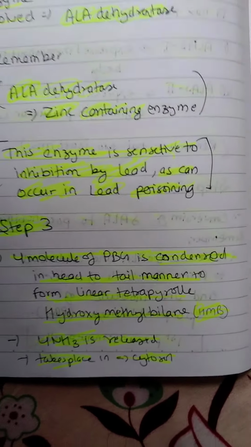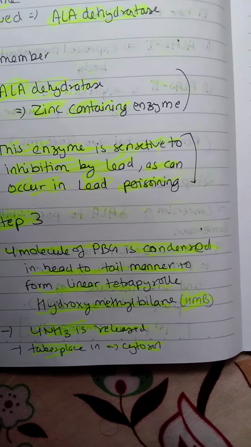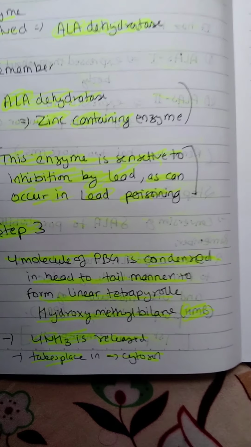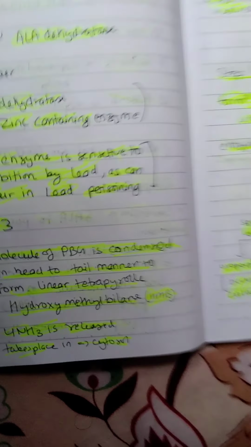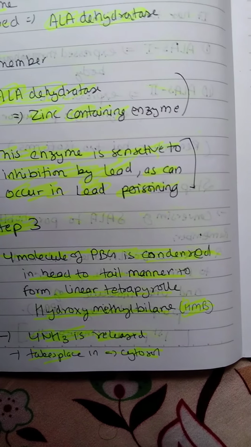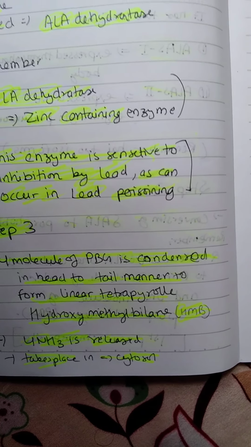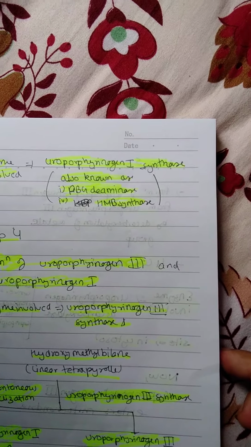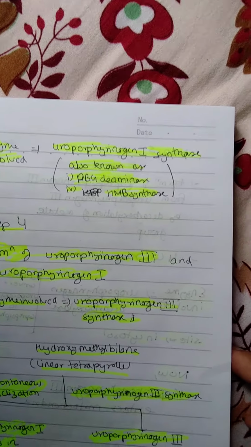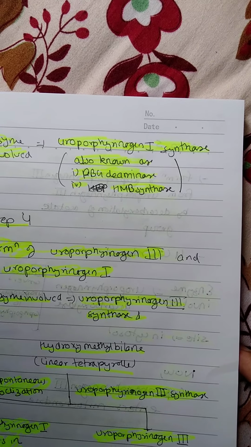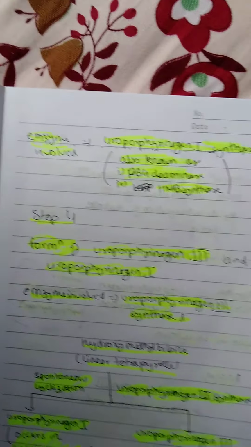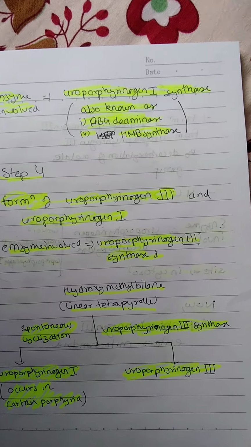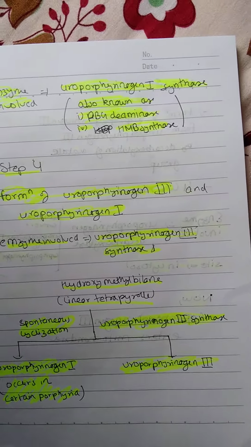Now step 3: 4 molecules of PBG are condensed in head to tail manner to form linear tetrapyrrole hydroxymethylbilane. In this reaction 4 molecules of ammonia are released, it takes place in cytoplasm and the enzyme involved is uroporphyrinogen 1 synthase, also known as PBG deaminase or HMB synthase. Step 4 is the formation of uroporphyrinogen 3 and uroporphyrinogen 1.